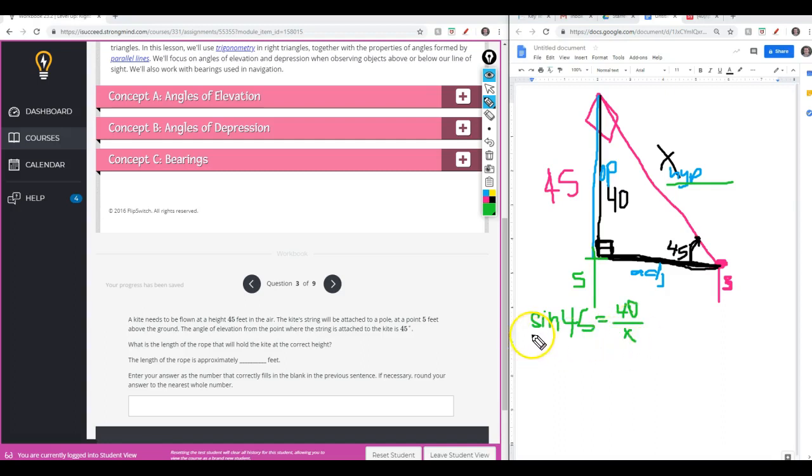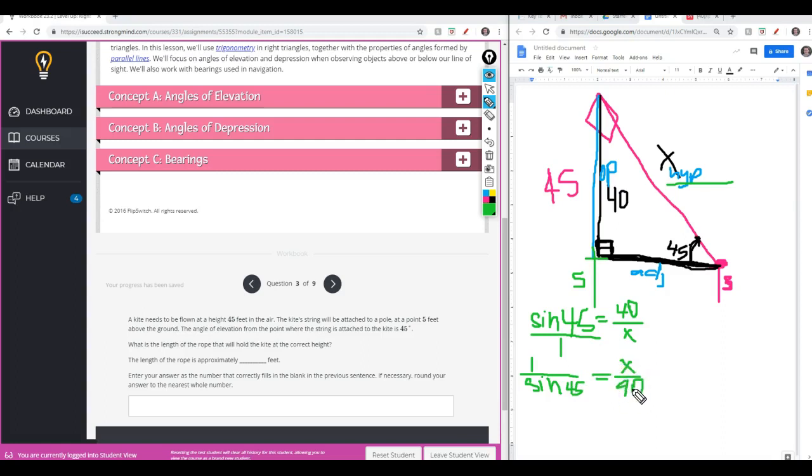This is a rule that we learned earlier in the class. Sine of 45 degrees is a number, and any number can be written as a fraction over 1. So when I use this reciprocal rule, it just flips it on its head. So it's going to be 1 over sine of 45 degrees, and that's going to equal x over 40. We flip both of them.